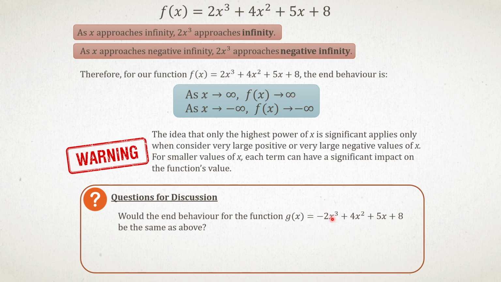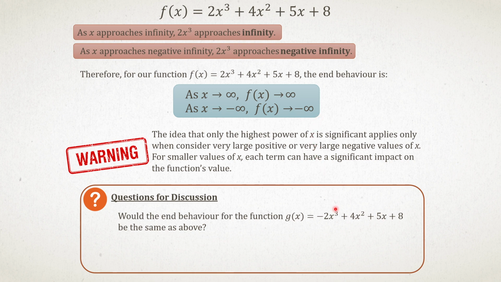And for the same reason, as x approaches negative infinity, imagine these x values becoming bigger and bigger negative values. When you cube them, now you're going to get negative results, which when you multiply by negative 2 will give you positive results. So as x approaches negative infinity, negative 2x cubed actually approaches positive infinity, which means this function approaches positive infinity, which is again the opposite of this.